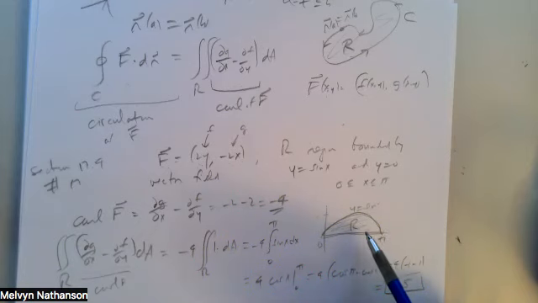And the area under the sine of x from 0 to pi is 2. So minus 4 times 2 is minus 8. This area is 2.